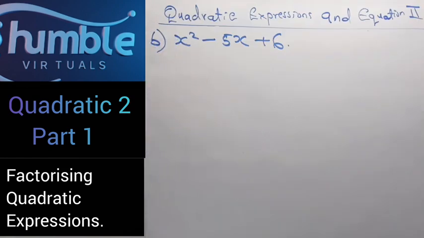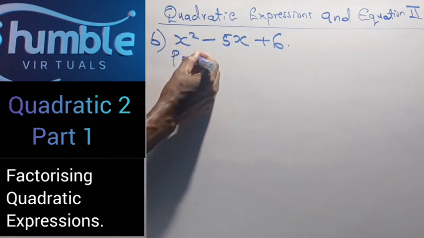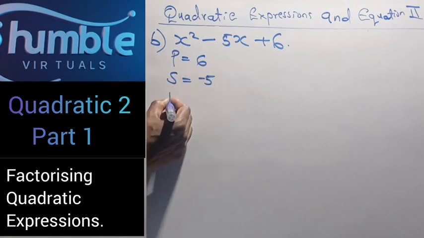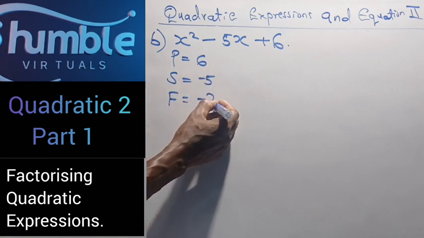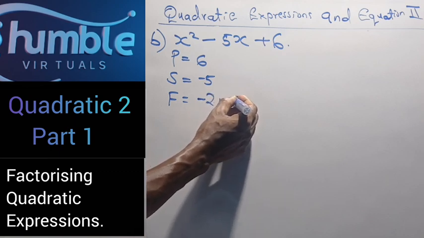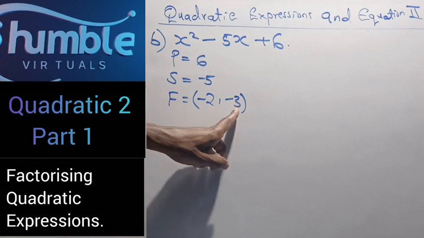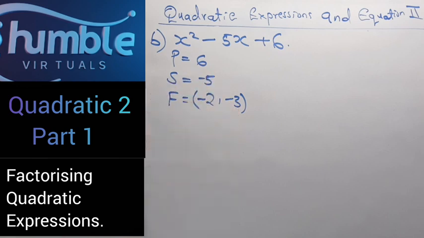Example B, x squared minus 5x plus 6, factorize. In this case, product is positive 6, sum is negative 5. So factors in this case are going to be negative 2 and negative 3. Negative 2 plus negative 3 is negative 5. Negative 2 times negative 3 is positive 6.